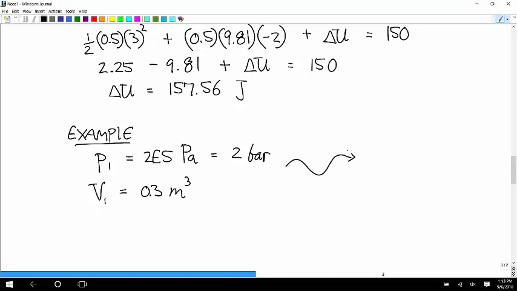And the process takes it to a new pressure, P2, of 0.5 times 10 to the 5th pascals, or 0.5 bar, and a new volume V2 of 1.5 meters cubed.